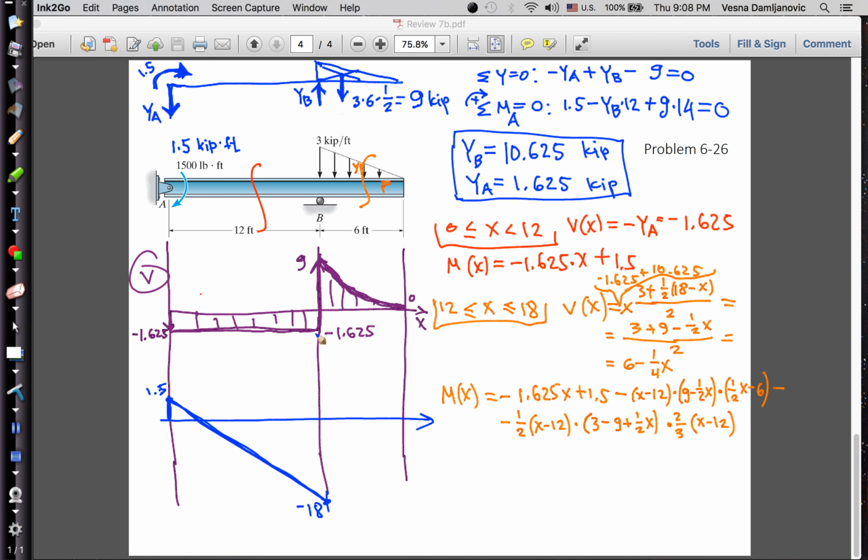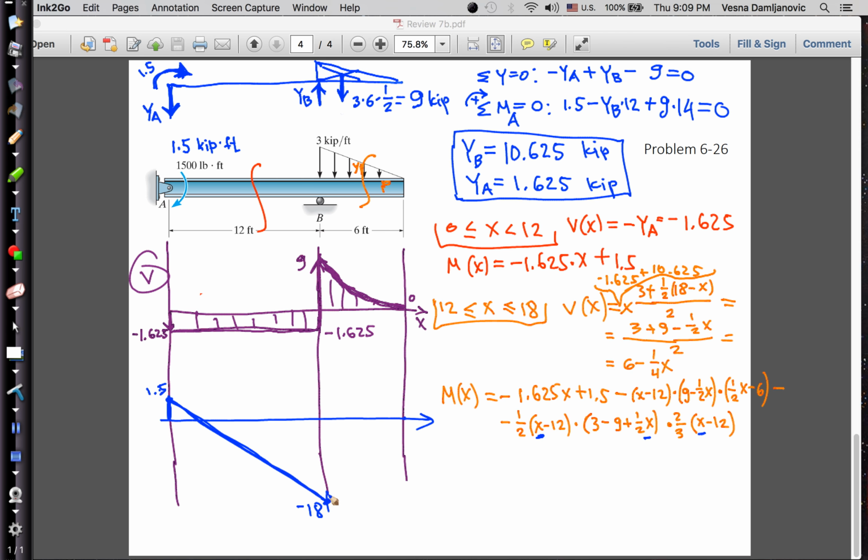And then what do we have here? We have the force, but we also have the change in slope. It's not a straight line anymore. Now we have a quadratic. So if it's quadratic in the shear diagram, it will be to the third power. And sure enough, there's an x, an x, and an x. So it will be to the third power, cubic. And where does it have to end? It has to end at 0 because we don't have a moment here.